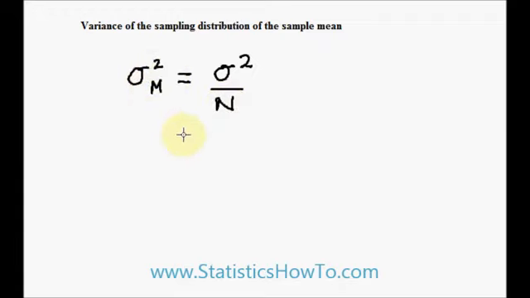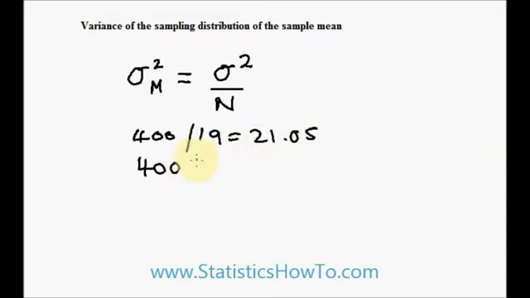Let me show you how this works with a quick example. We calculated just a second ago that if we had a sample size of 19, then 400 divided by 19 is 21.05. What if we increase this sample size? What is going to happen to our variance? If we increase our sample size to 400, our variance is going to equal 1, which is significantly smaller than 21.05.